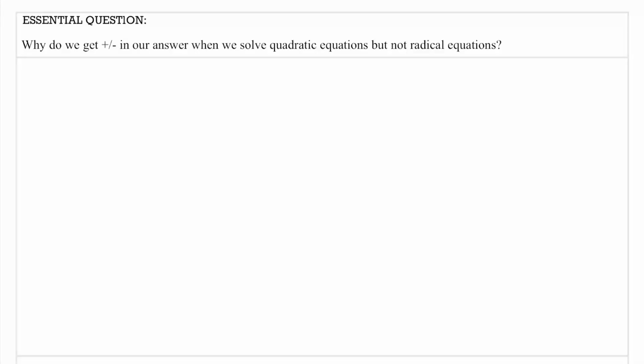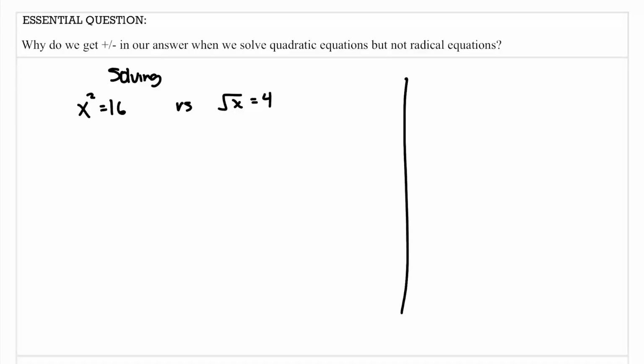So on this side we're going to look at solving a quadratic and a radical equation. So we're going to look at two similar ones. We're going to talk about x squared equals 16, and we'll just do a simple one, versus the square root of x equals 4.